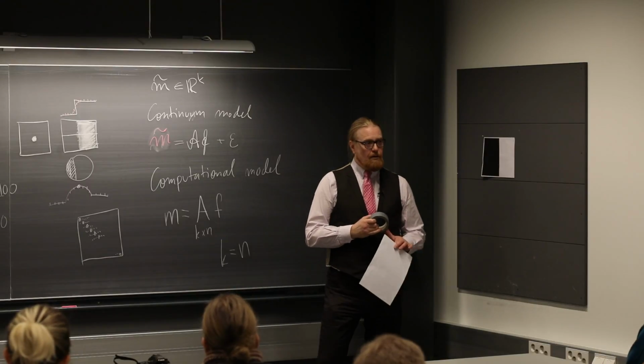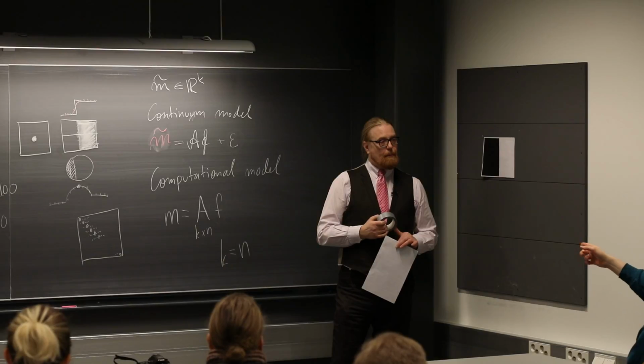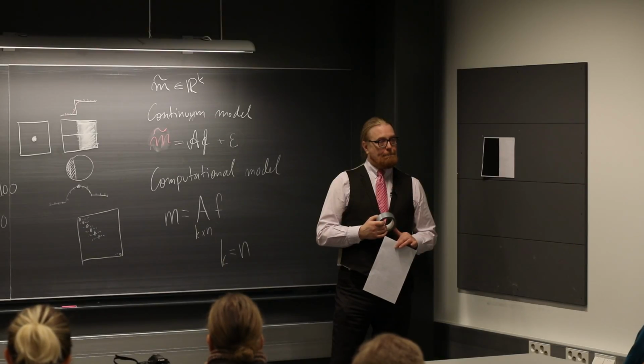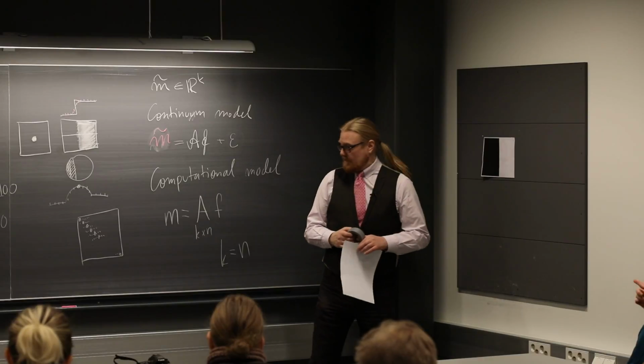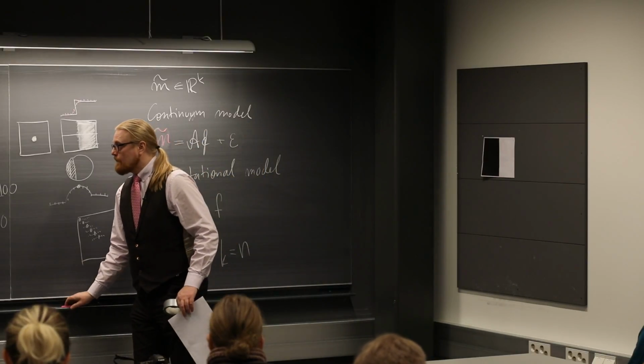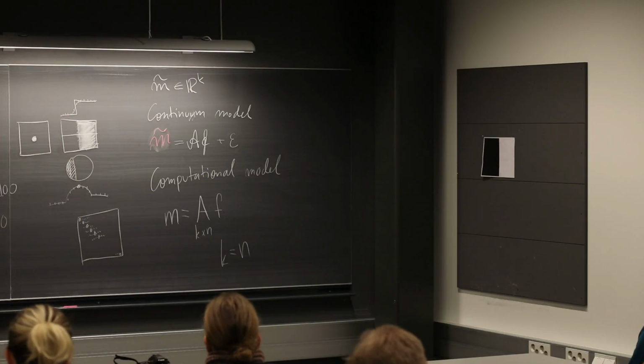Yes. I just have some difficulties with this R^k and then this model, because you say A and f. Where does the k come from in that model? Because that's like a continuum model. Yeah. So it goes like this.